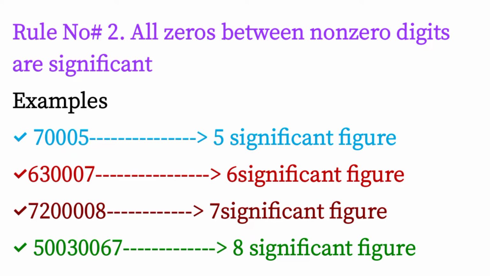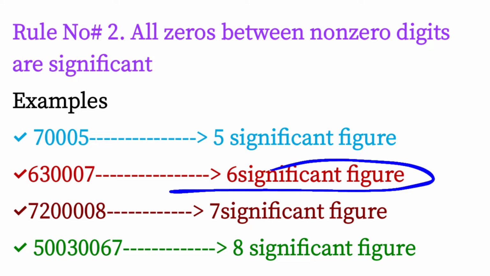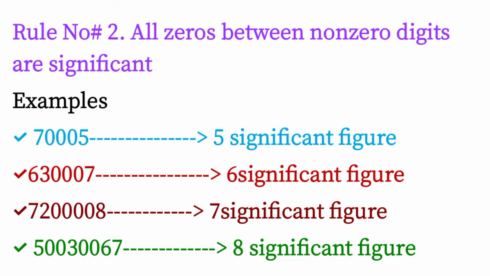Example number 2, 63, 0, 0, 0, 7. When you count all the numbers including the zeros, we have got 6 significant figures. Example number 3 is just one of the same, 72 and 0, 0, 0, 0, 8. I've got 4 zeros.